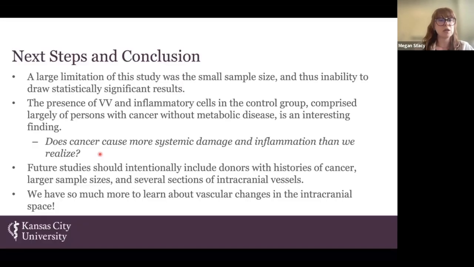Is that somehow traveling systemically and causing blood vessel growth in places far away from the tumor? So I would love to see future studies intentionally include donors with histories of cancer, larger sample sizes, maybe look at several sections of intracranial vessels, different vessels. So my conclusion is that we have so much more to learn about vascular changes in the intracranial space.